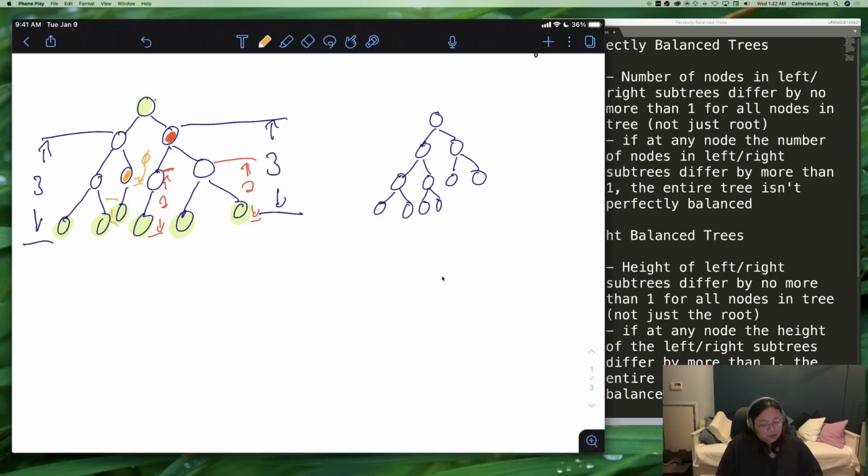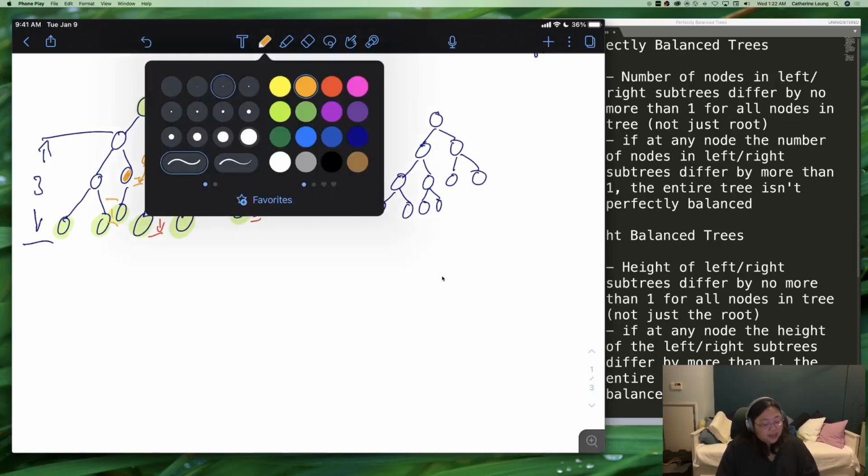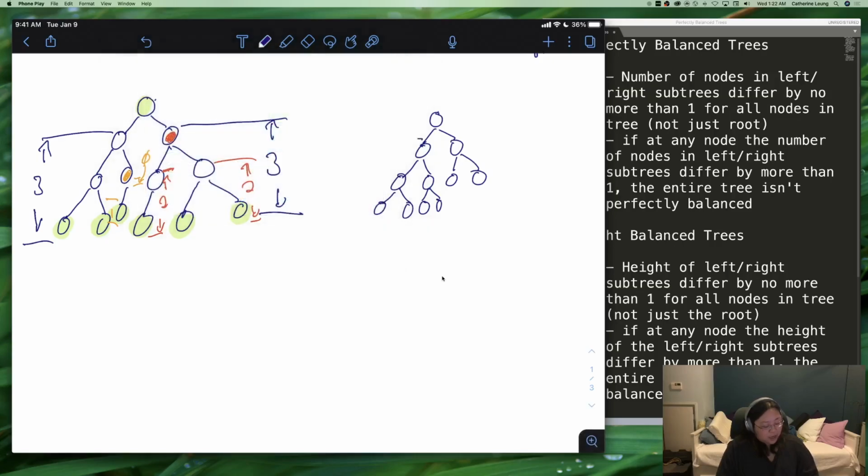Now, what about this complete tree we have on the right over here? This was not perfectly balanced, but this tree is height balanced. The height of the right subtree over here is 3. The height of the left subtree over here is 2. The difference is 1. Okay, the difference in height is 1 node.